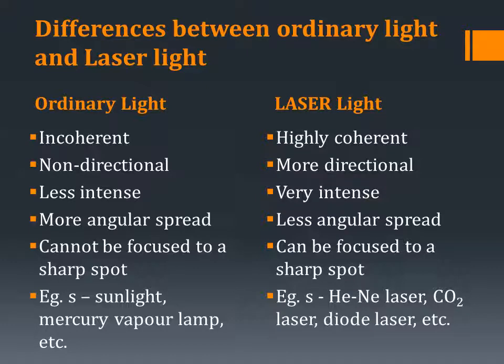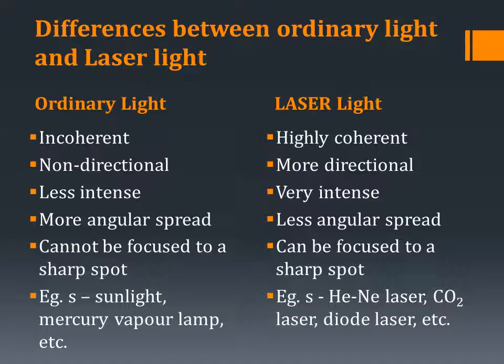Ordinary light is incoherent, whereas laser light is highly coherent. Ordinary light, as we saw, is non-directional, whereas laser light is highly directional. Ordinary light is less intense. Laser light, on the other hand, is highly intense.